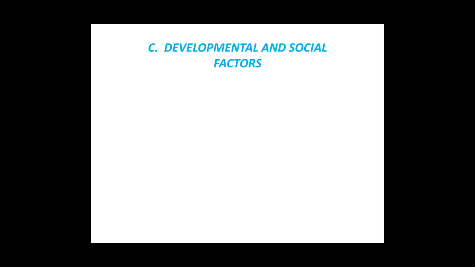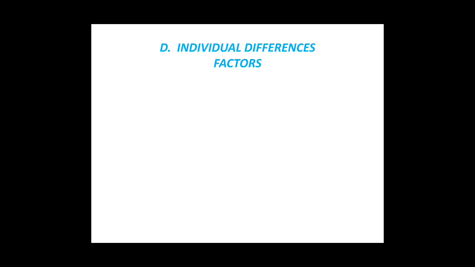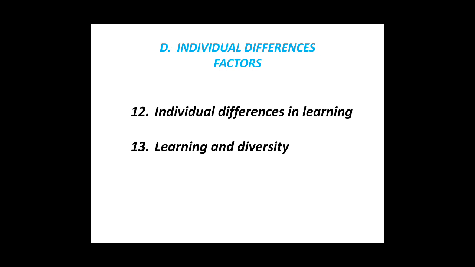Under the developmental and social factors, we have the following principles. Developmental influences on learning, social influences on learning. Under the individual differences factors, which is the 4th and last category, we have the following. Individual differences in learning, learning and diversity, and standards and assessment.